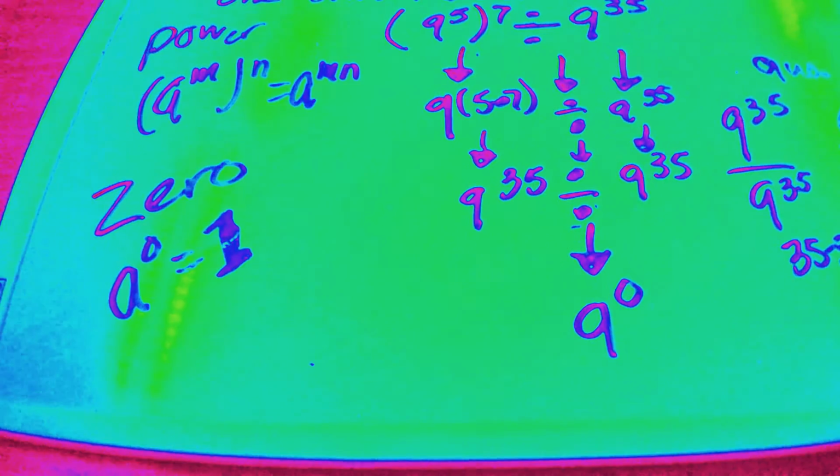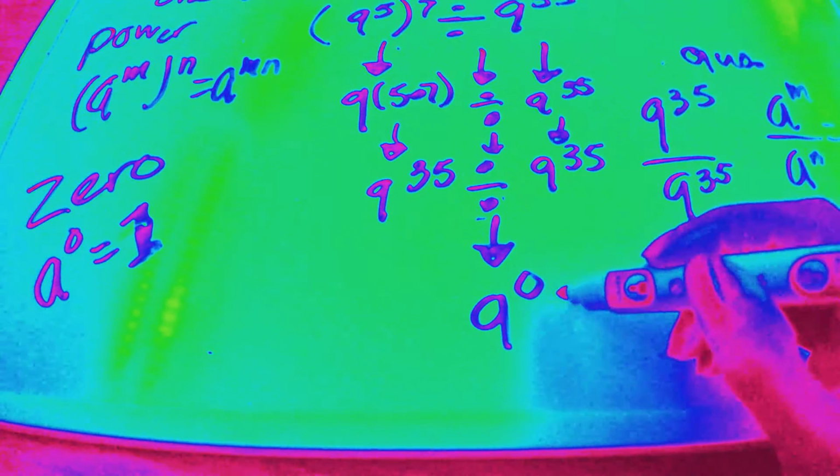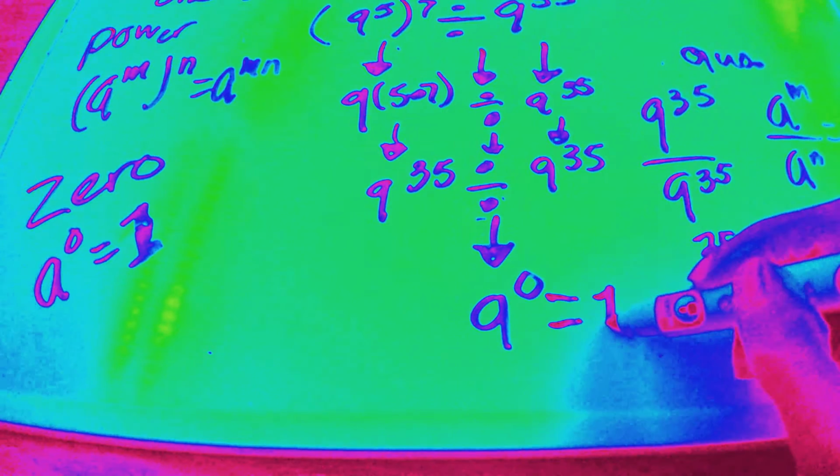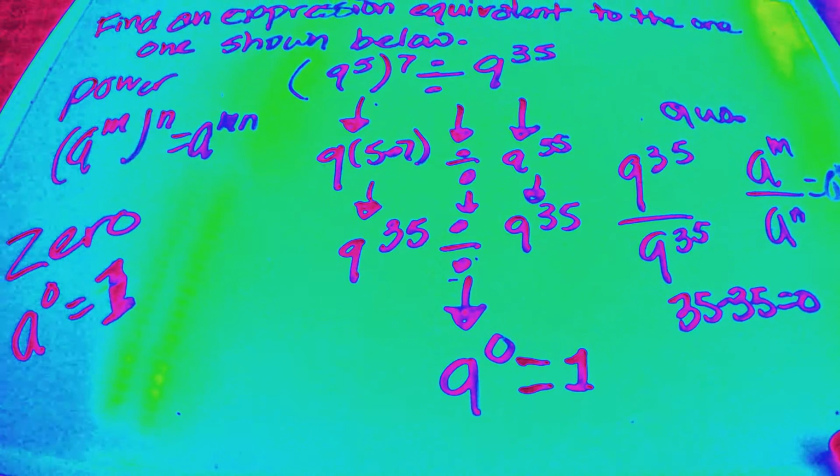The 0 rule says a number to the 0 power will always equal 1. So we have 9 to the 0 power. Any number to the 0 power always equals 1. And that is our final answer for this problem.